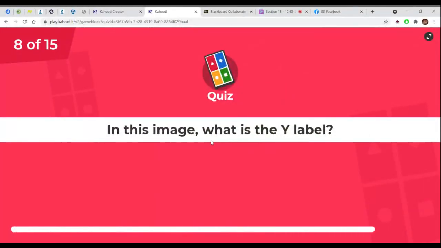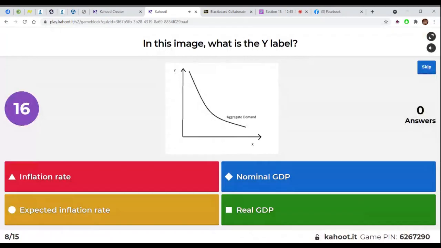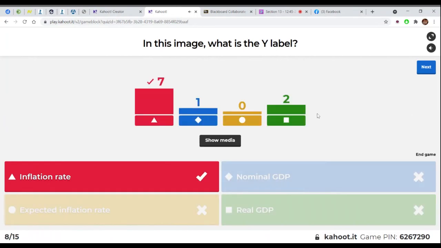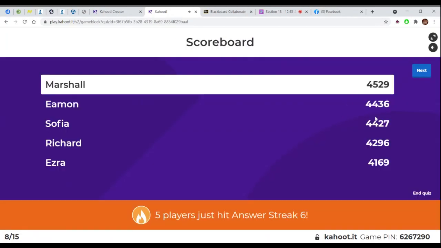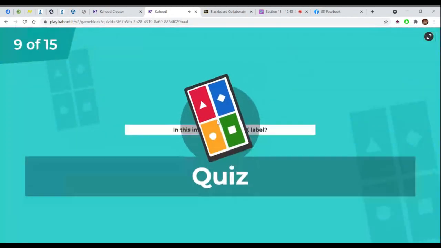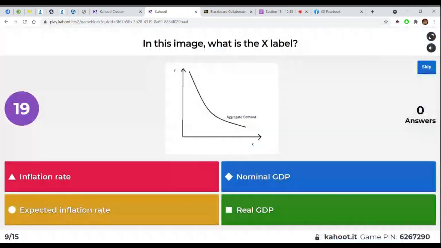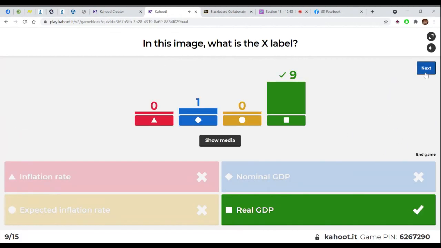Next, in this image, what is the Y label? Inflation rates. That's right. What is the X label in the same image? It is real GDP.